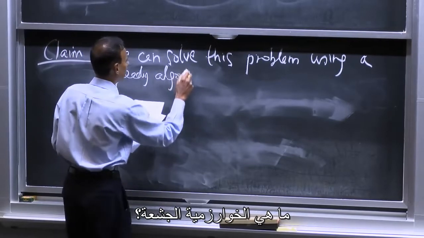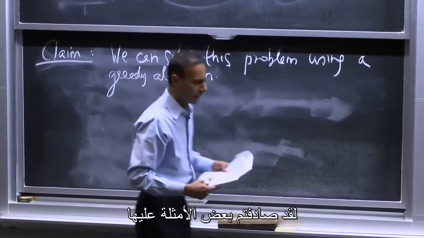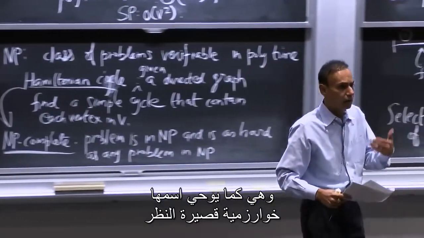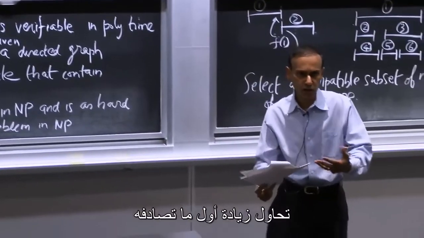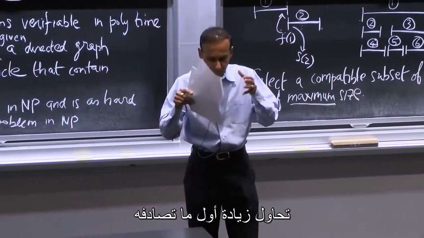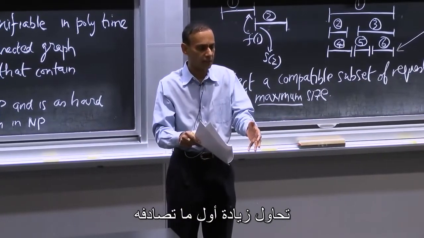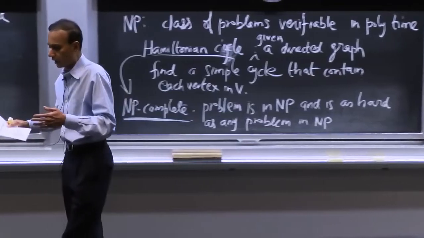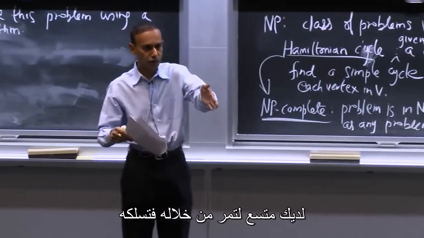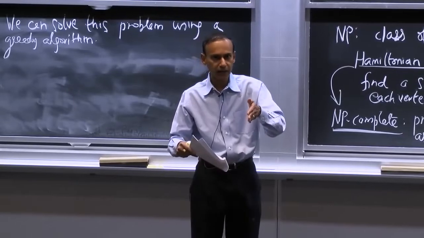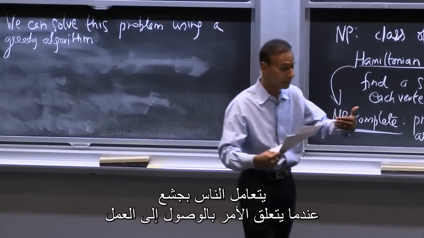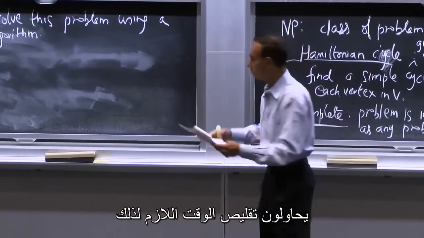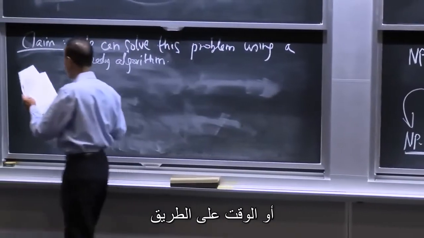Now, what is a greedy algorithm? You've seen some examples. As the name implies, it's something that's myopic. It doesn't look ahead. It looks to maximize the very first thing that you can maximize. Traffic is a good example. Don't let anybody cut in front of you. You got some room up there, get up there. Generally, people are greedy when it comes to getting to work, trying to minimize the time that they spend on the road.